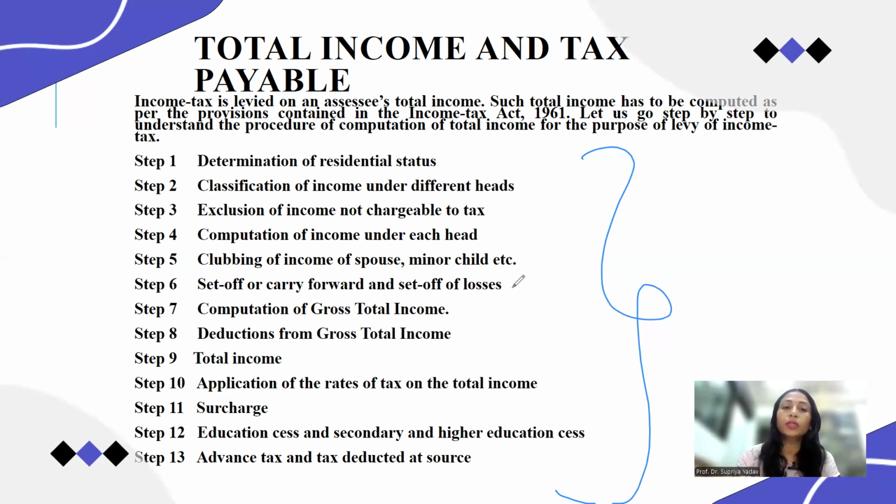Then clubbing of income of spouse, minor child, etc. Here spouse means husband or wife. Suppose I am a girl, so I have a husband. Suppose there is a boy or a man, they have a wife. In this way the word spouse is used. And minor means a child who is less than 18 years old.